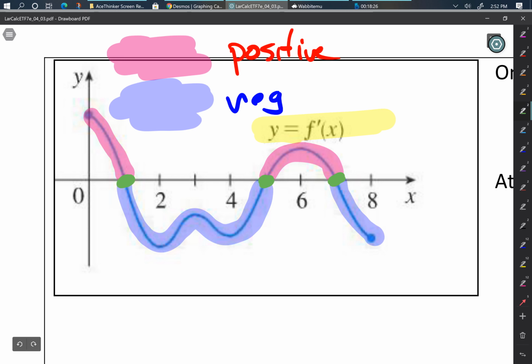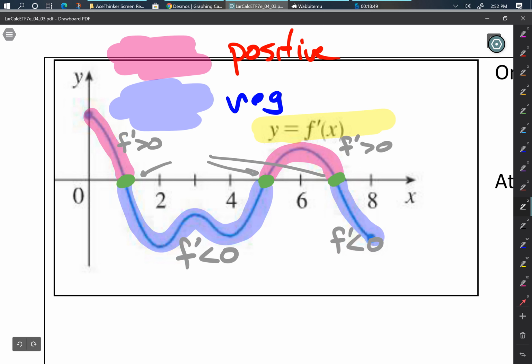So if I were to write that out, what I'm saying is, on this pink interval, f prime is greater than 0. On the blue interval, f prime is less than 0. On the pink interval, f prime is greater than 0. And on the blue interval, f prime is less than 0. And at these 3 values, f prime is equal to 0.